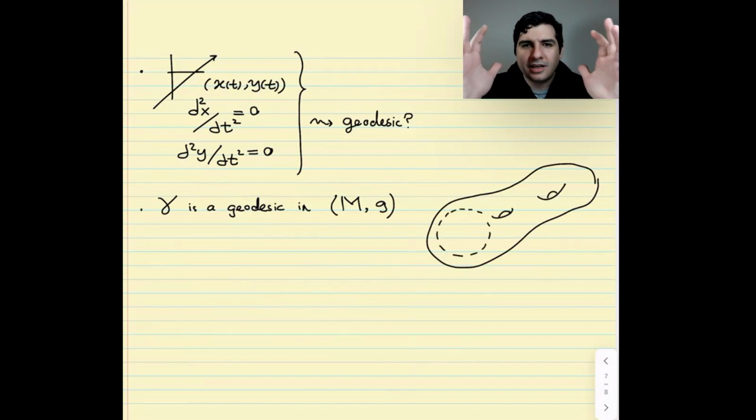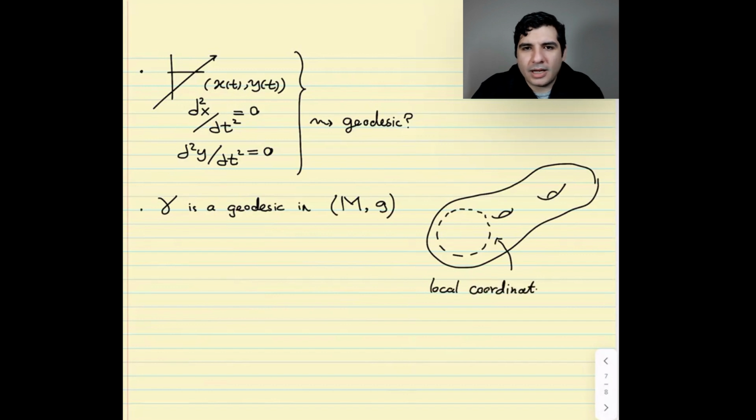Now let's choose a small region in the manifold where we have local coordinates. So let's say x1, x2, up to xm are local coordinates on our manifold.